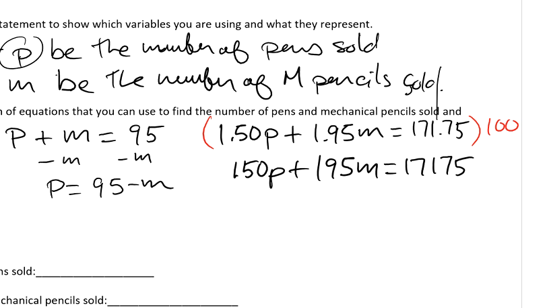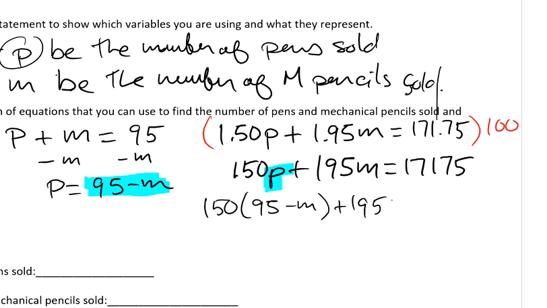So I'm going to take this value, right, 95 minus m, which is p, and I'm going to plug it into this other equation where p was. So when we make that substitution, it looks like this. 150 times 95 minus m plus 195m equals 17,175.